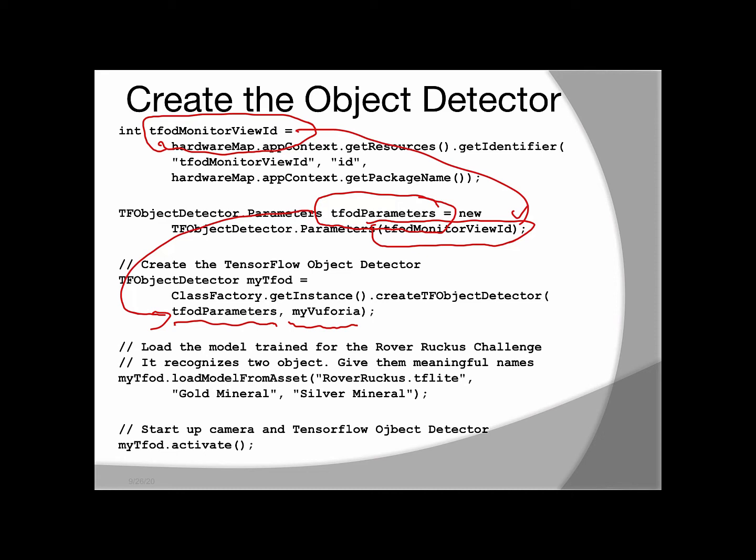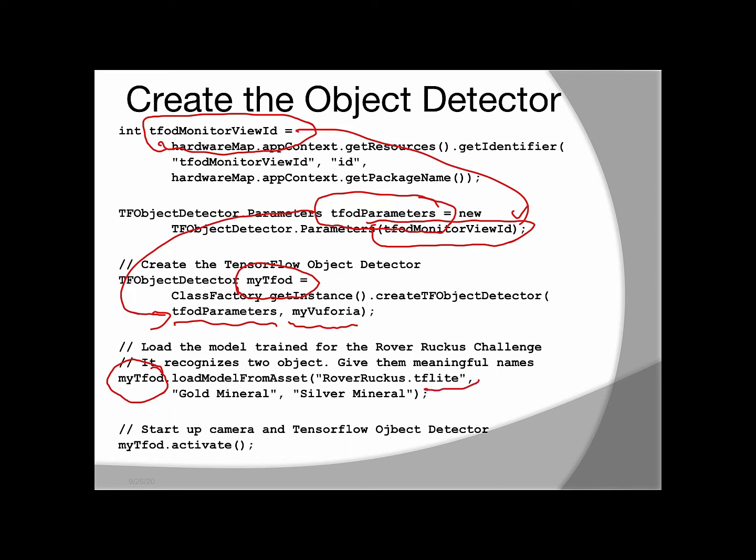Okay, so what this does is it creates the TensorFlow Object Detector. And we saw that in our first set of code, because we asked the TensorFlow Object Detector for a list of objects it can recognize. Now we're going to set some information in the TensorFlow Object Detector that's going to get us going. So one of the things that we're going to tell it is what model are we using.